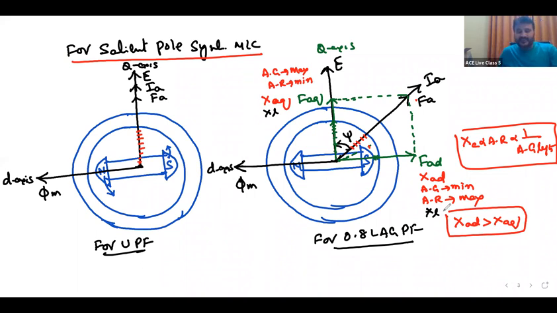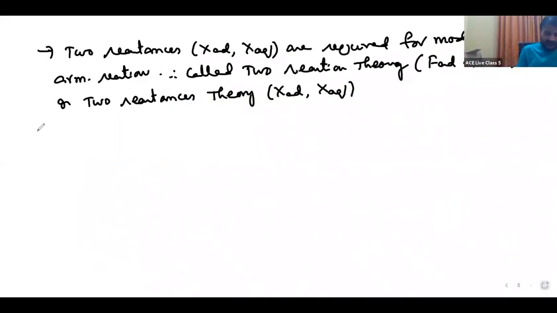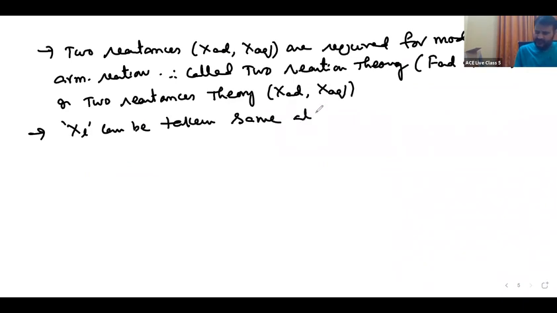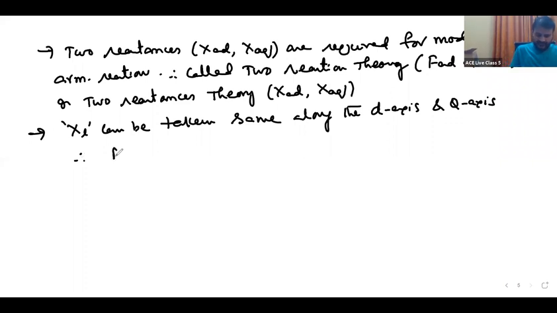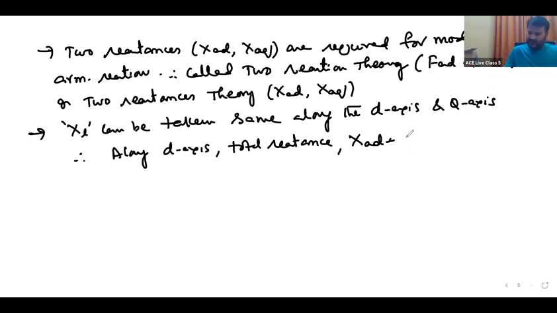So then what is the total reactance? XL is the same along both the D axis and the Q axis. Therefore, the total reactance along the D axis is XEAD plus XEL, that is called XD.